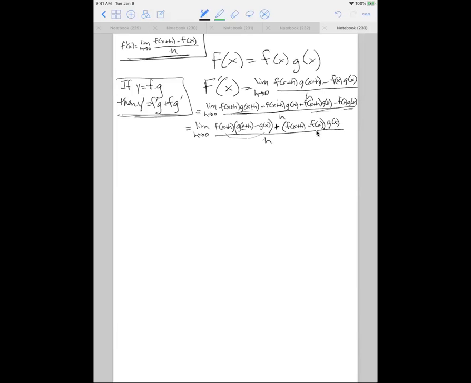And now the mathematics of it is that we can distribute that h. You know, it can be split into two different fractions. And the limit is going to go with both terms because the limit of a sum is equal to the sum of the limits.